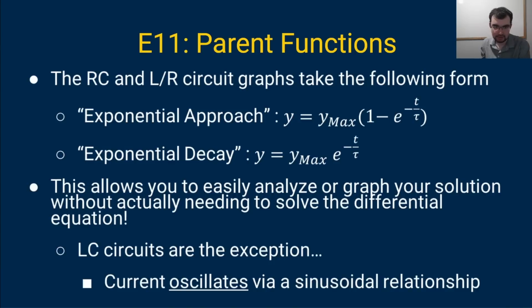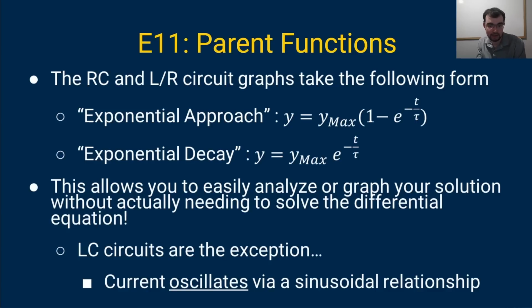And on that note, there are some parent functions to memorize to save you all this garbage algebra simplifying of the diff-EQ. I call it the exponential approach, which is a constant times 1 minus e to the minus t over tau. That's our graph that ramps up to some constant value. So maybe your capacitor's charging to 12 volts, so it asymptotes to 12 volts.